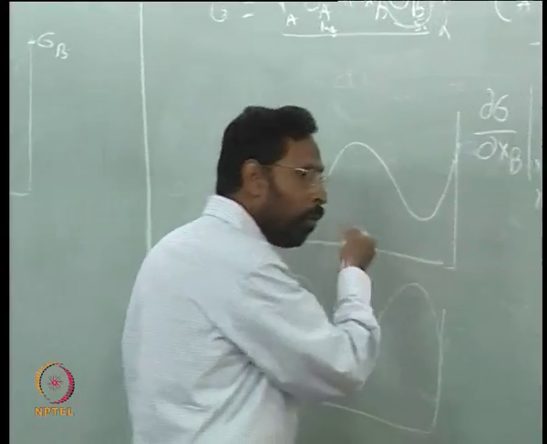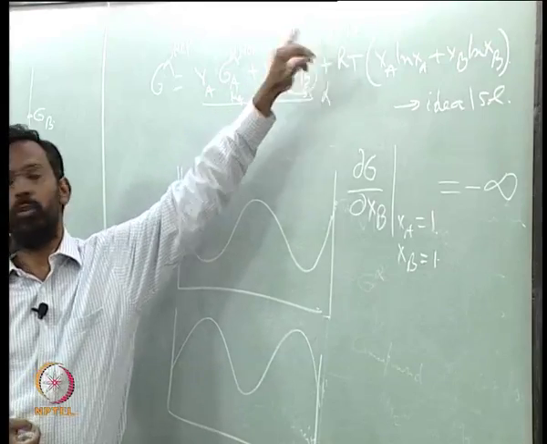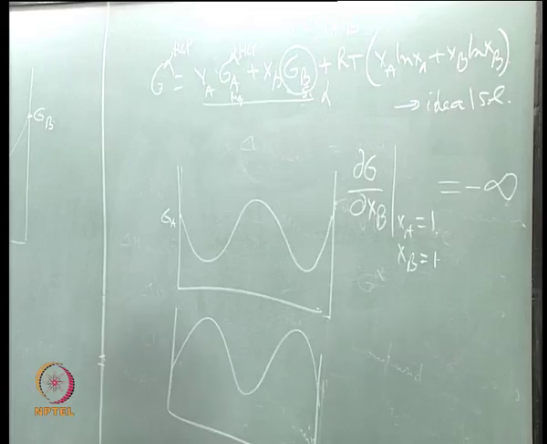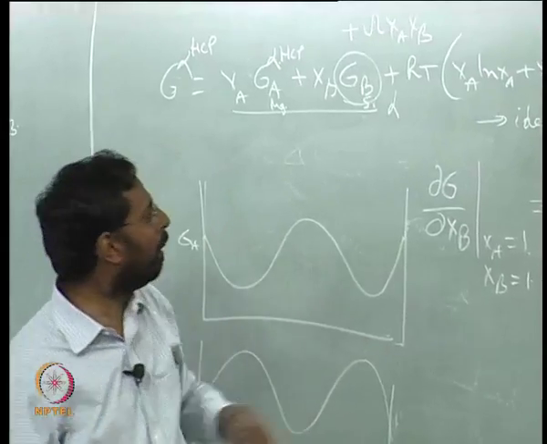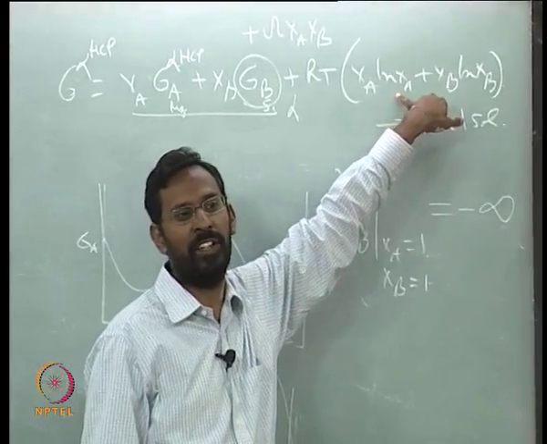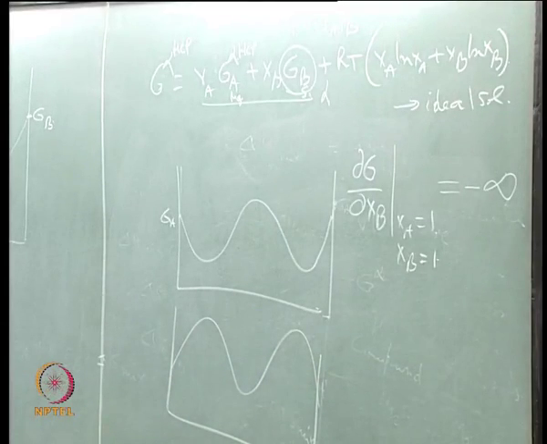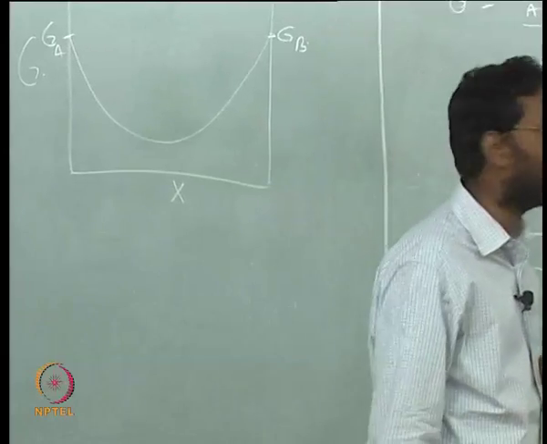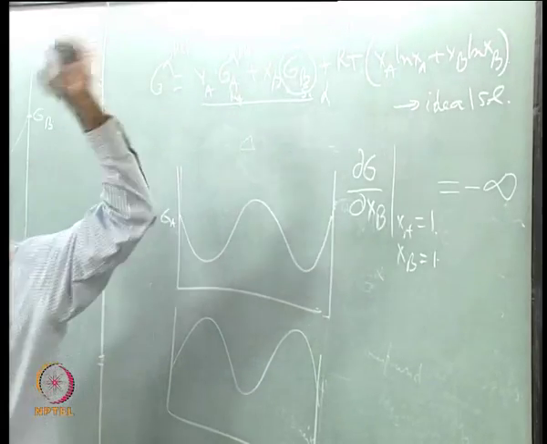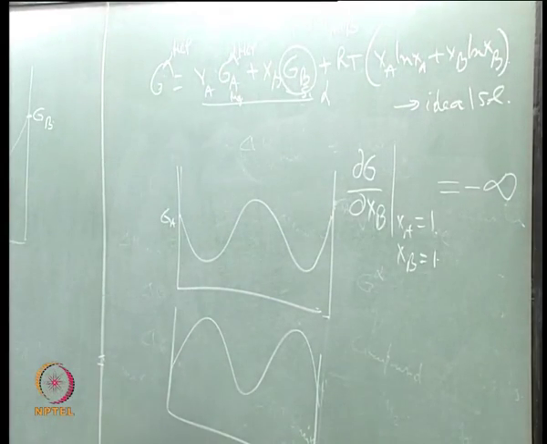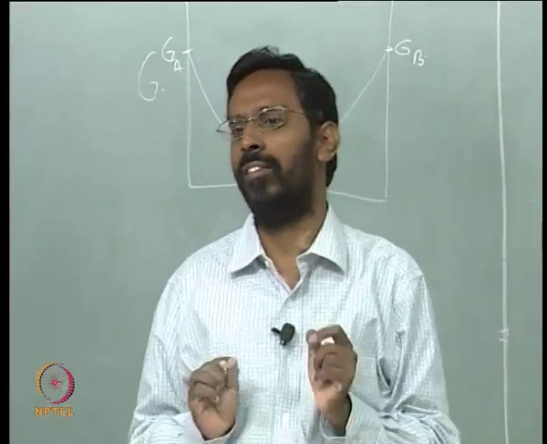Later as you add more and more B to A, it may start increasing because of this being positive, but towards the two pure metal ends, however positive omega is, because of the nature of this ln XA and the differential of ln XA, you would see that whatever may be the value of omega, however repulsive the interaction between the two metals, on the two pure metal ends the free energy has to decrease when you add the two.